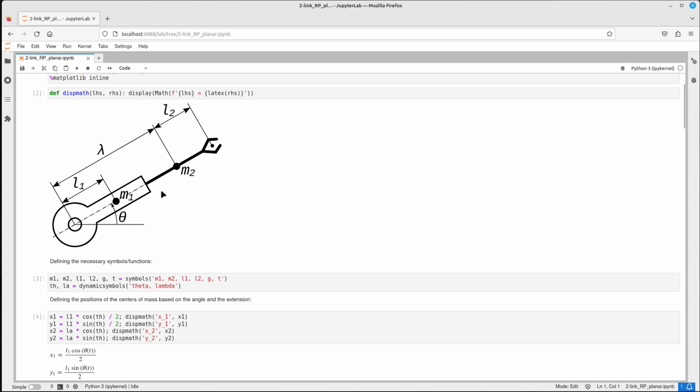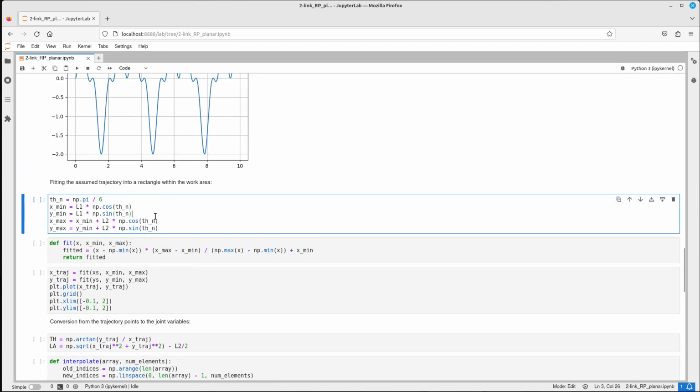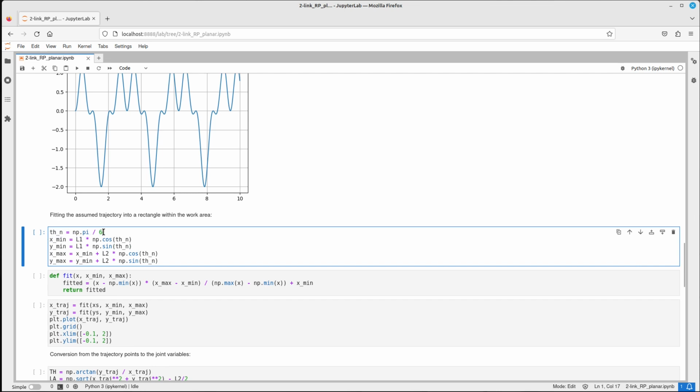So at a certain angle we have the left bottom corner, then we have the right bottom corner, top left corner, and top right corner for this trajectory. And this is exactly what we're doing. We're assuming some angle. In this case it's just 30 degrees, so pi over 6. So we calculate those extreme values, so x minimum, and then y minimum, x maximum, and y maximum.